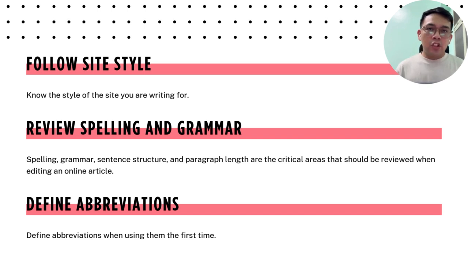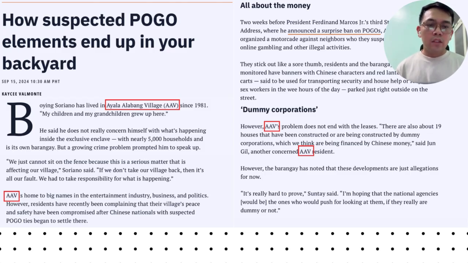Dropping an abbreviation into an article confuses the reader as to what that abbreviation is referring to. So going back to the same sample article that I used earlier, as you can see, the noun Ayala Alabang Village, abbreviated into AAV, was spelled out the first time, and in open close parenthesis AAV is written.